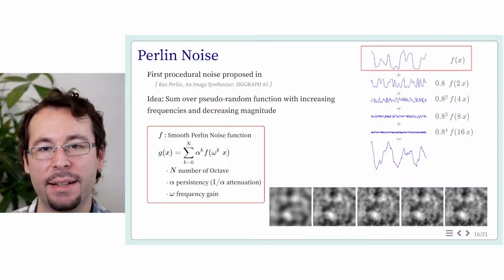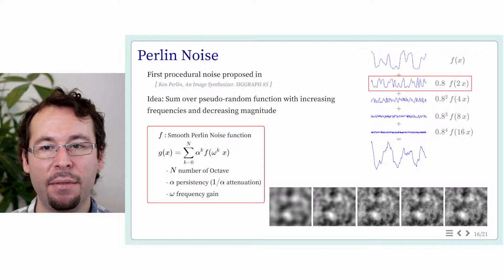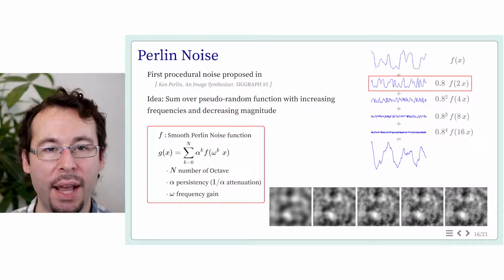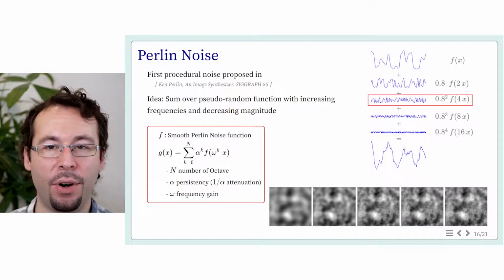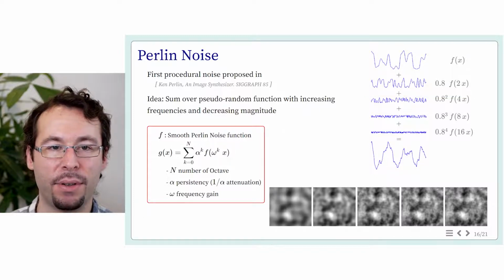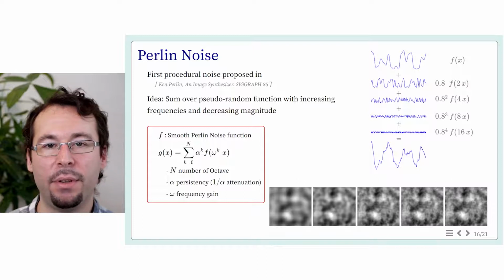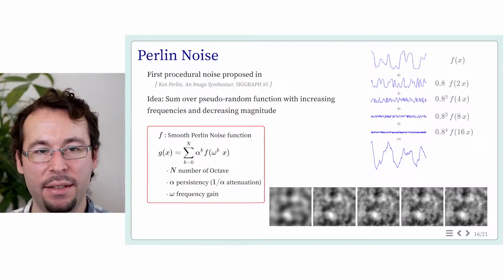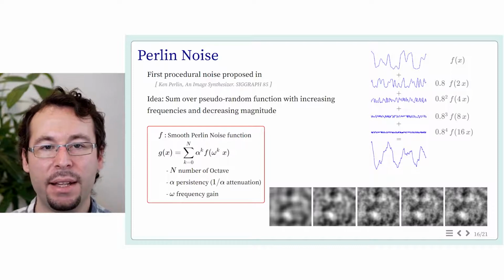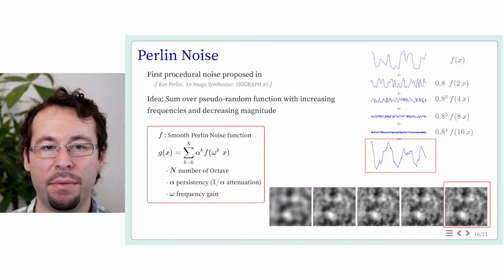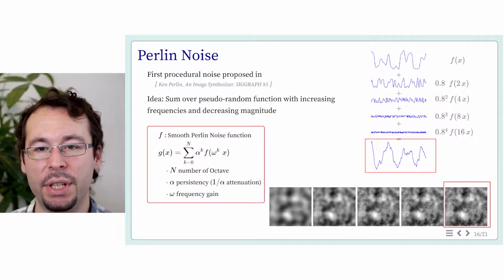As an example, we can start with f of x, then we sum it to 0.8 times f of 2x, that itself is summed to 0.8 squared times f of 4x, and so on. So at each step, the frequency of the function increases, but the magnitude of the details decreases. And at the end, we can see the appearance of this function after a few summations in 1D and in 2D as a texture.